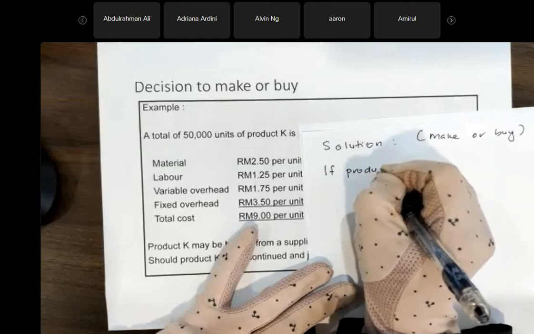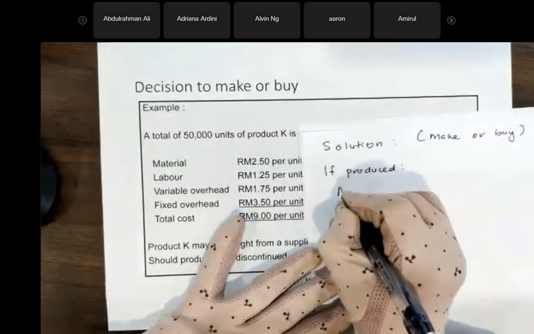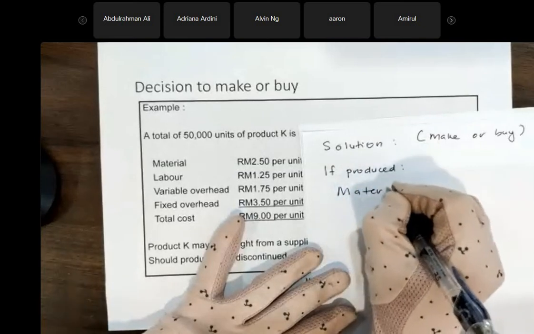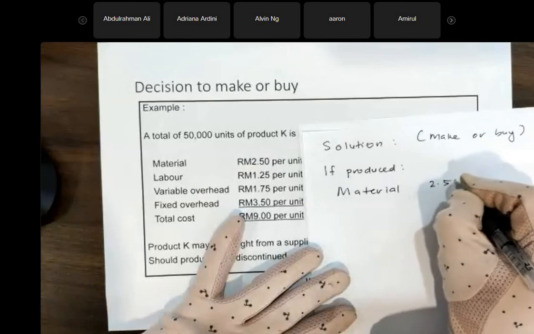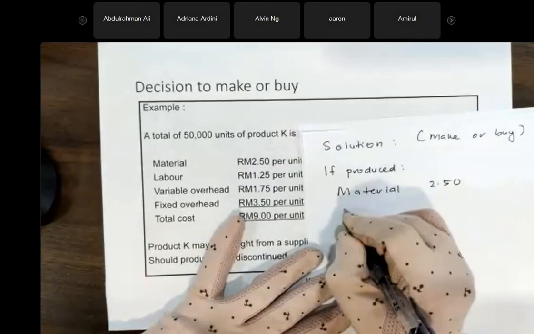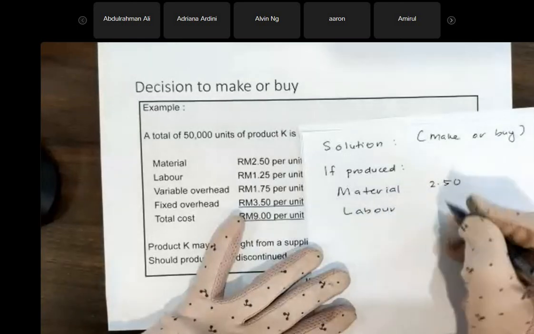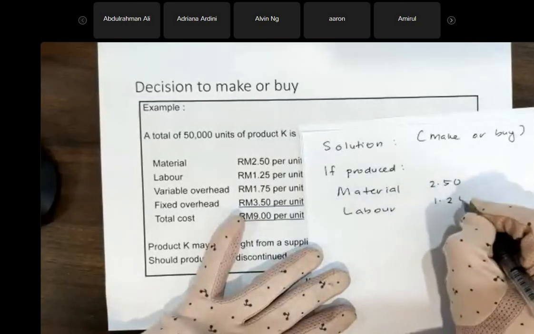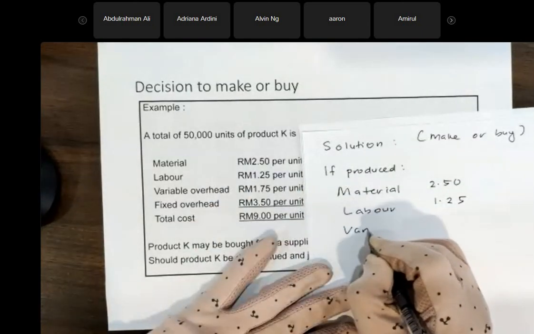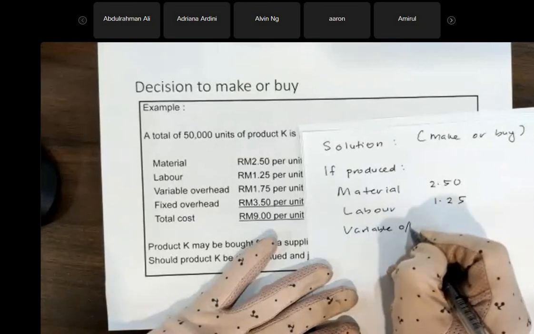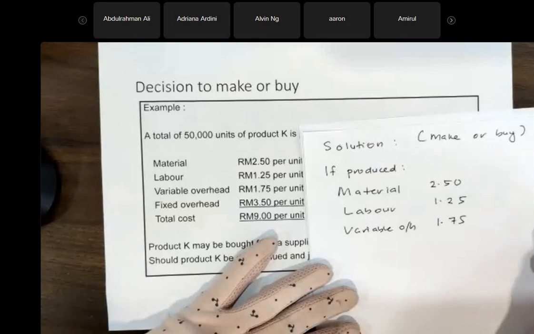So you will take dia punya material. Jadi dia berapa? RM2.50. And also labor. Labor ni OR kadang OUR kan. 125. And also variable overhead. 175.